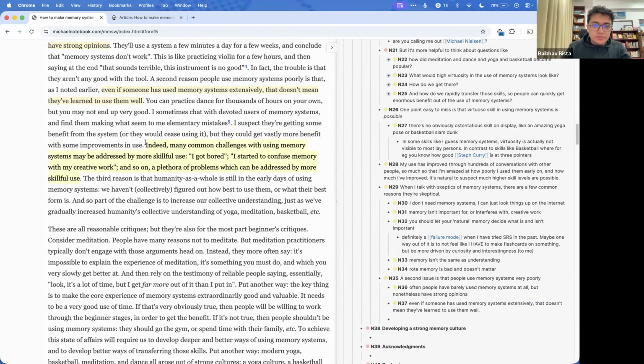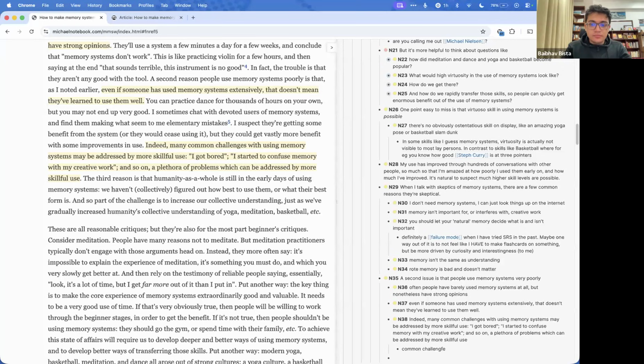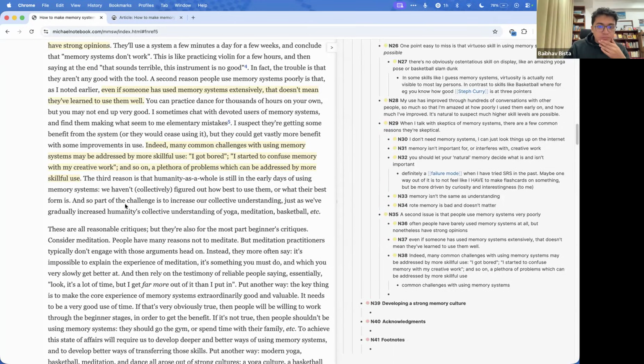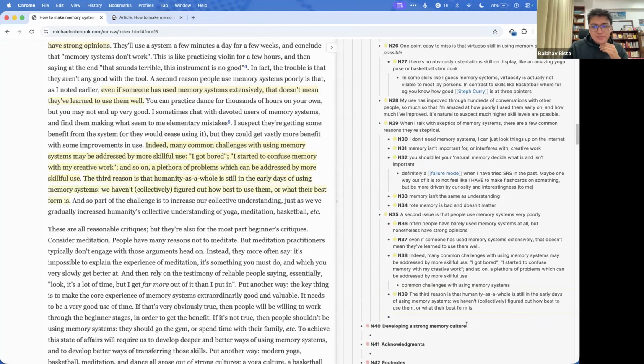Okay, now he's talking about some common challenges with making. I guess this is also true to quite some extent, right?